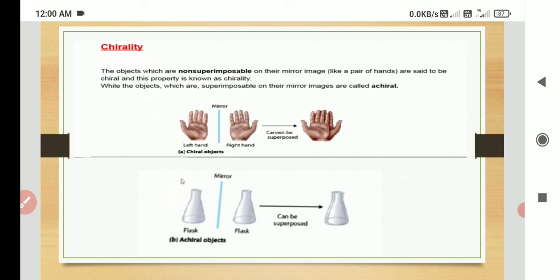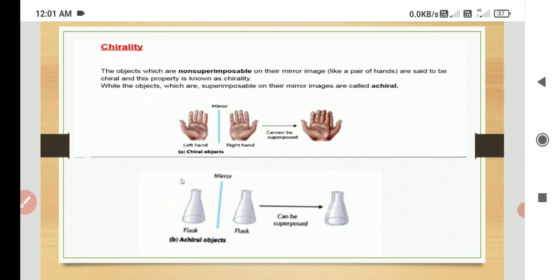If I put the mirror here, the right hand is the mirror image of the left hand. But when I slide my left hand over the right hand, they do not cover each other properly. My hands are mirror images of each other, but they are not superimposable on one another.